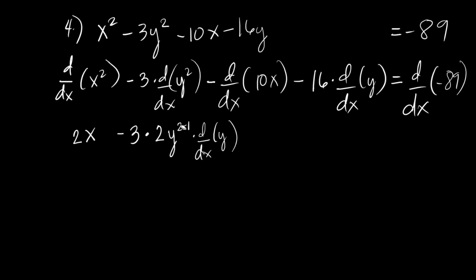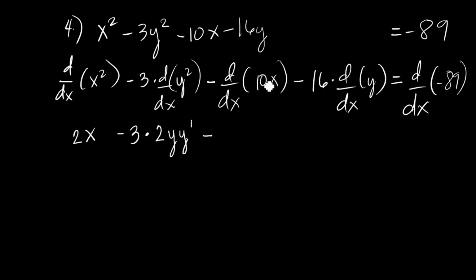You can actually write it automatically. So if you need to differentiate y, just apply the power rule. So you do have 2y and then you just include y prime. That's what you can do to make it a little shorter.